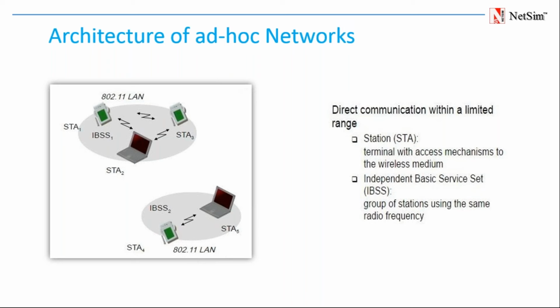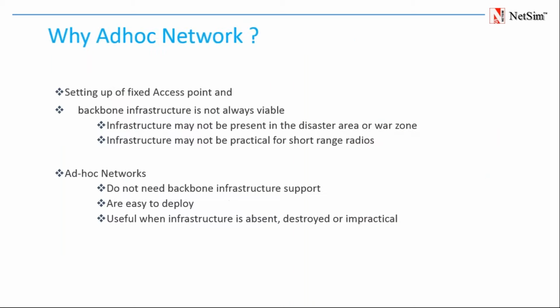Then this is the architecture of ad hoc network, where devices communicate directly within a certain range in their basic service set. In the picture, STA is given, which is a station terminal having access mechanism to the wireless medium, and IBSS, independent basic service set, is a group of stations using the same radio frequency. So this is about the architecture of ad hoc networks.